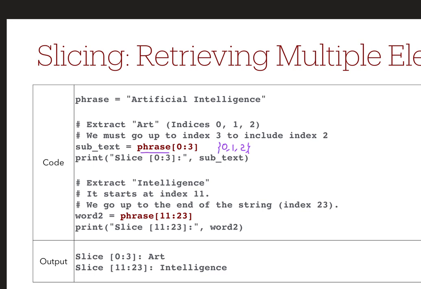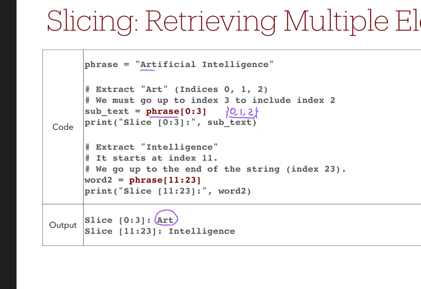So only these three numbers are represented by 0:3. The letters corresponding to these index values will be ART. So only ART will be printed by that expression.